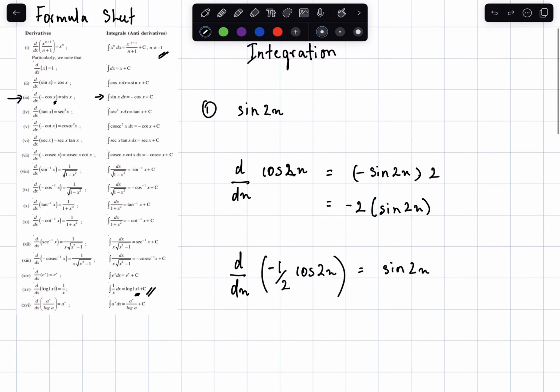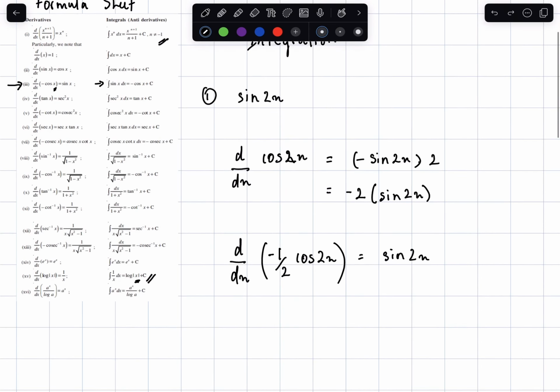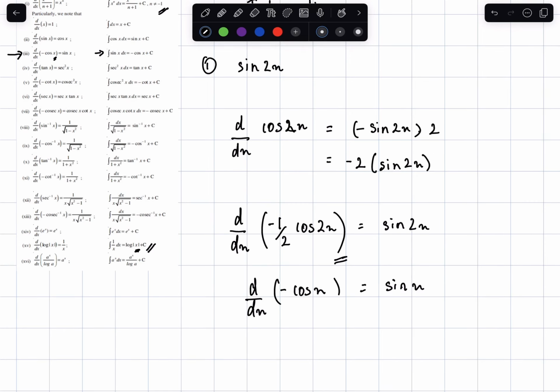Now this is interesting. Now let's compare this to the formula. So the formula is d by dx of minus cos x is equal to sine x. I think we all know this, correct? So what's interesting is if I differentiate minus cos x, I get sine x.